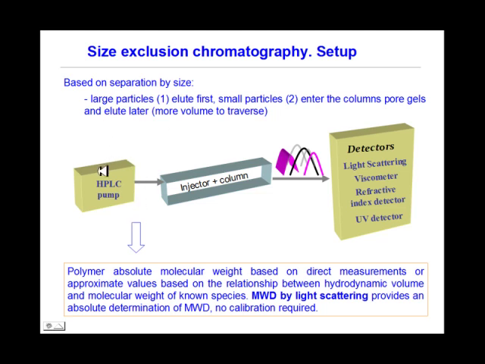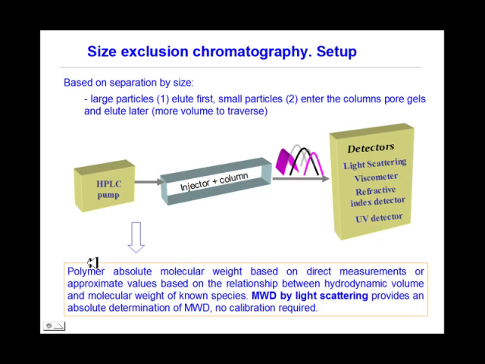So basically you have an HPLC pump, then the injector and chromatographic columns where the separation occurs, and then a chain of detectors such as light scattering, viscometer, refractive index detector, and UV detector.